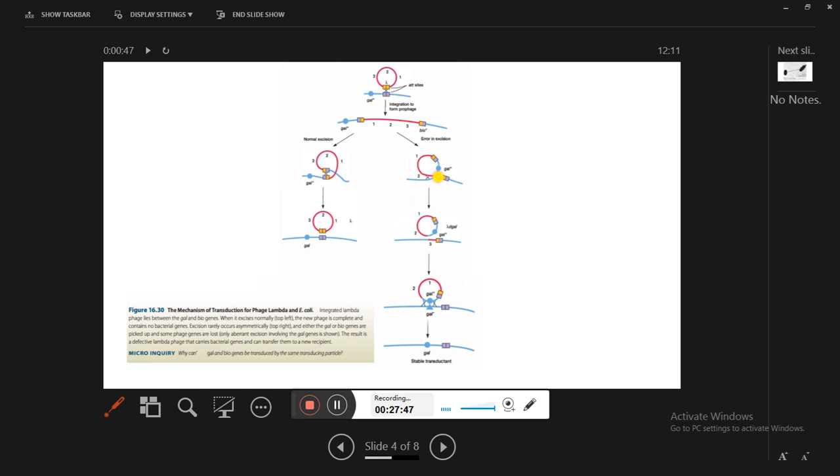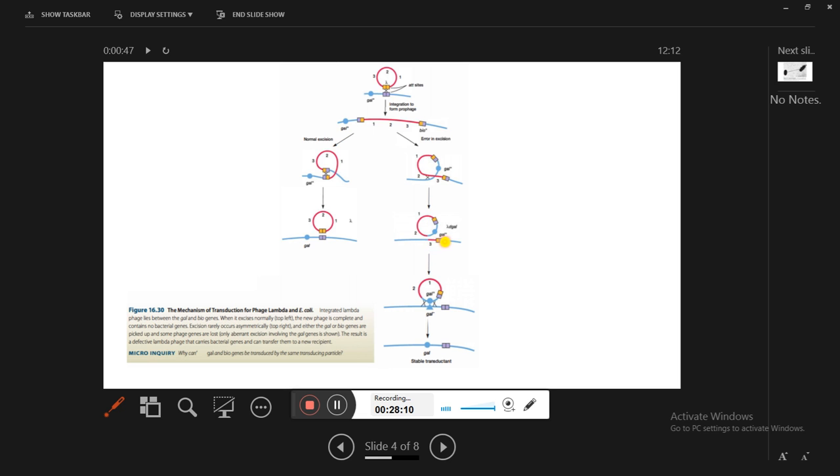What will happen in the rare case? In induction this galactose gene is excised along with the fast genome. When the fast genome is excised, the genes for galactose utilization also get included in the fast genome. Okay, and some of the region of the fast DNA remains attached with the bacterial chromosome. The fast genome portion remains in the bacterial chromosome.